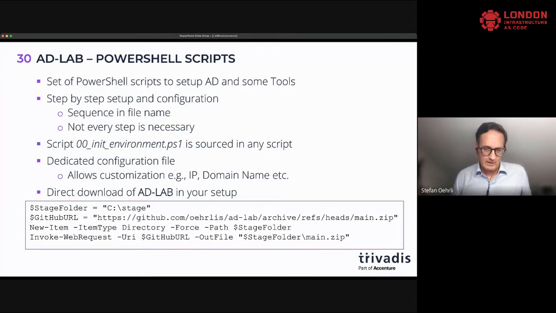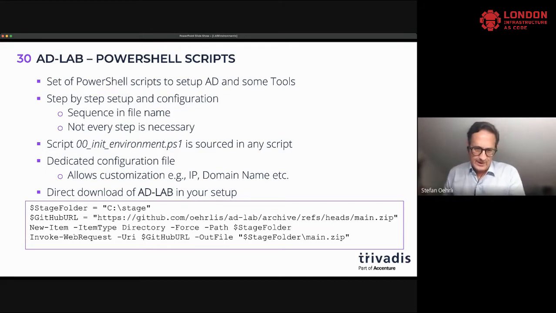The scripts have a sequence number in the file name, so the idea is that if you run them manually, this is somehow the way how you have to run them. Basically, not every step is necessary, which means I have more scripts than are necessary to use. But we see this when we do a test.